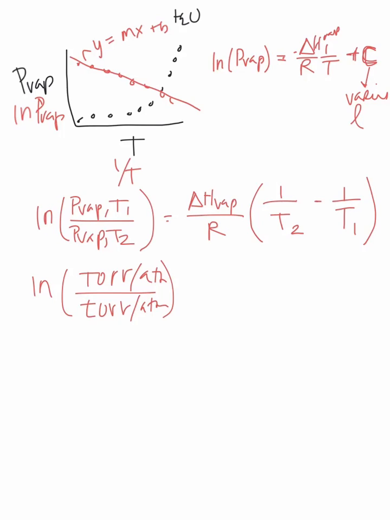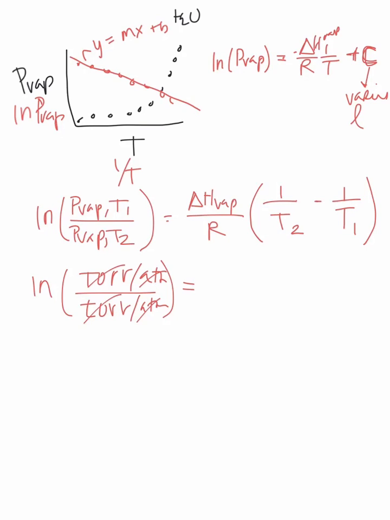No matter what, we have a ratio inside of the natural log, so those units cancel out to give us a unitless number. But it's the other side of the equation that's going to determine what value of R we use. When we're given the delta H of vaporization, that's a value for an energy change, the heat that's released or absorbed.